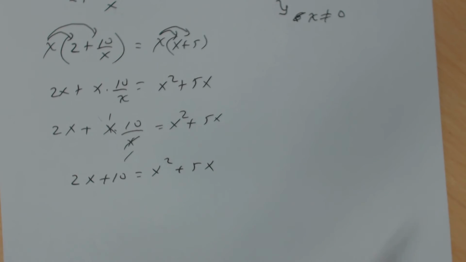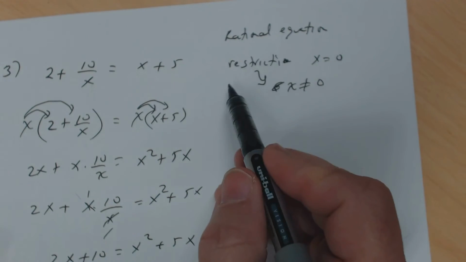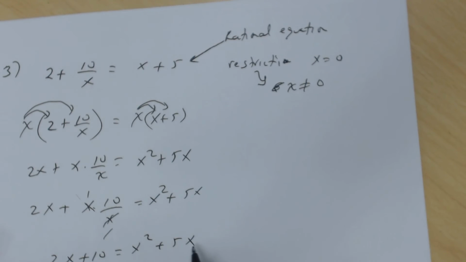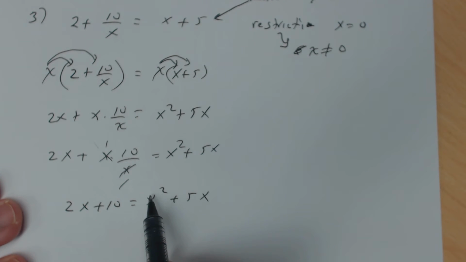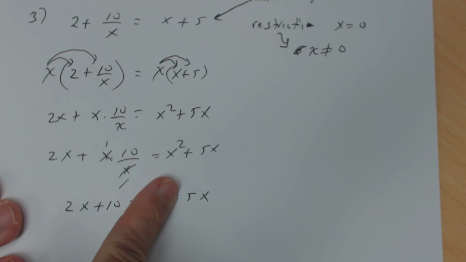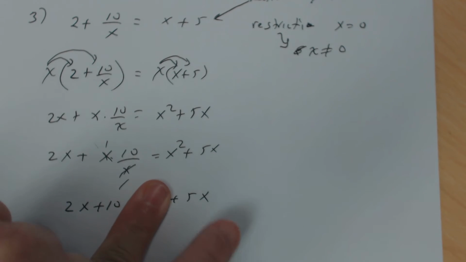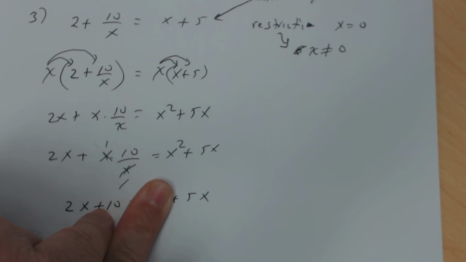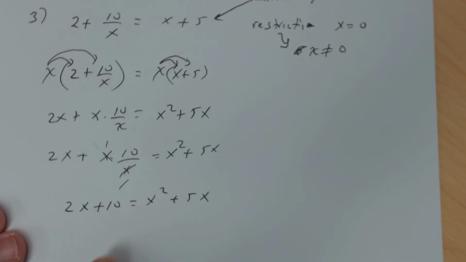Over here, though, I went from a rational equation to a quadratic equation. Remember x squared, quadratic equation, you have x squared. If that x squared wasn't there, and you had just this right here, then that would be linear. But this is now quadratic. So this is a quadratic equation.